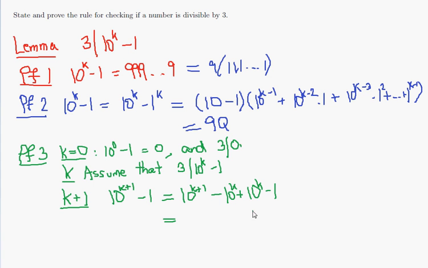Okay, so by the inductive hypothesis, 10 to the k minus 1 is 3 times some integer q. So that's the last two terms. The first two terms, we can certainly factor 10 to the k out, leaving 10 minus 1.